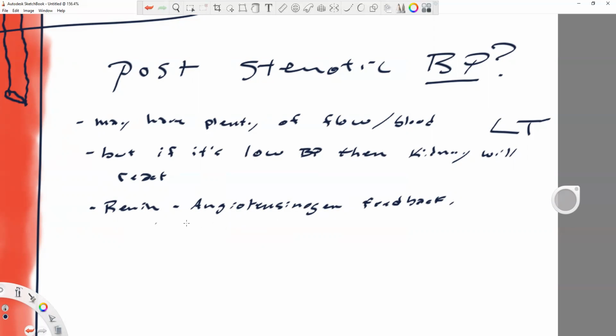Look, we don't really need to know a lot about this. All we need to know is that when the kidney sees low blood pressure, it thinks, oh, the whole body has low blood pressure.